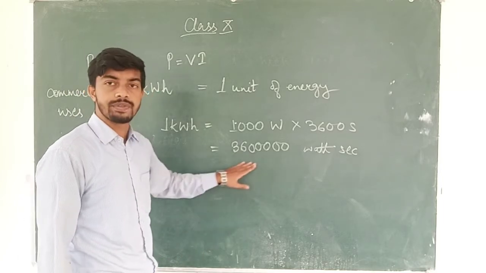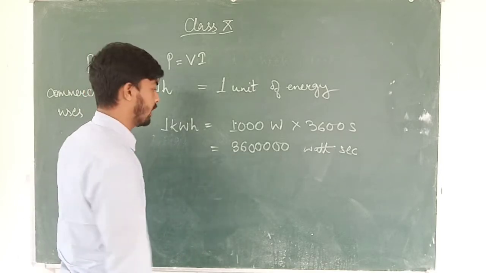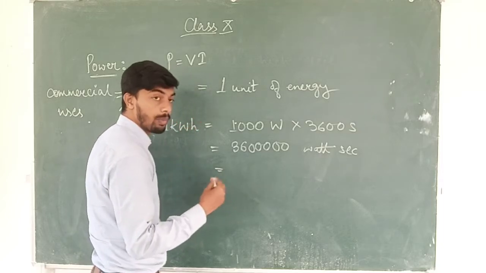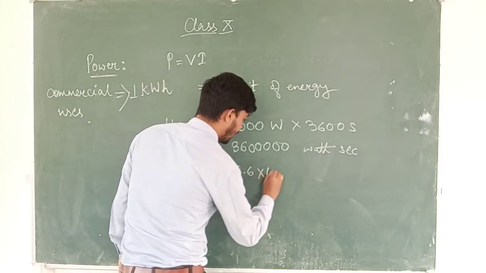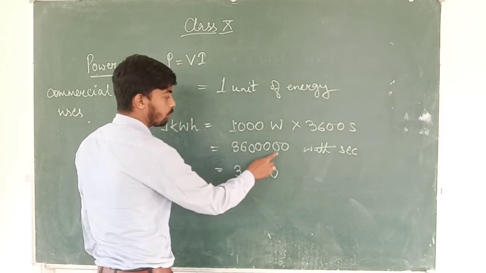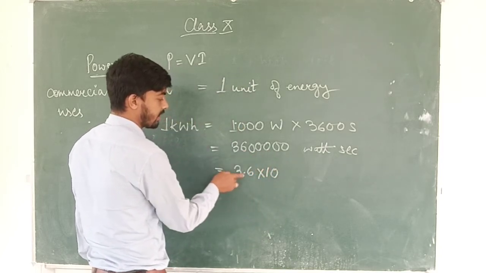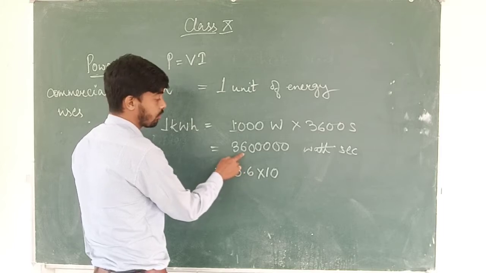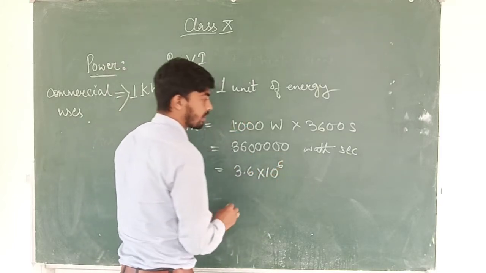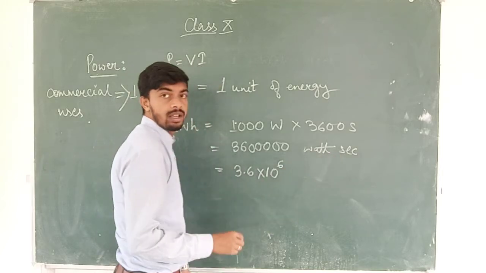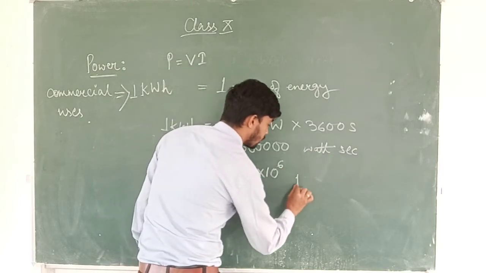So this number is very big. We'll reduce it by writing it in powers of 10. This will be 3.6 into 10 to the power 6, since I am putting the decimal before the 6 and counting 6 places. And this watt second is known as joule.